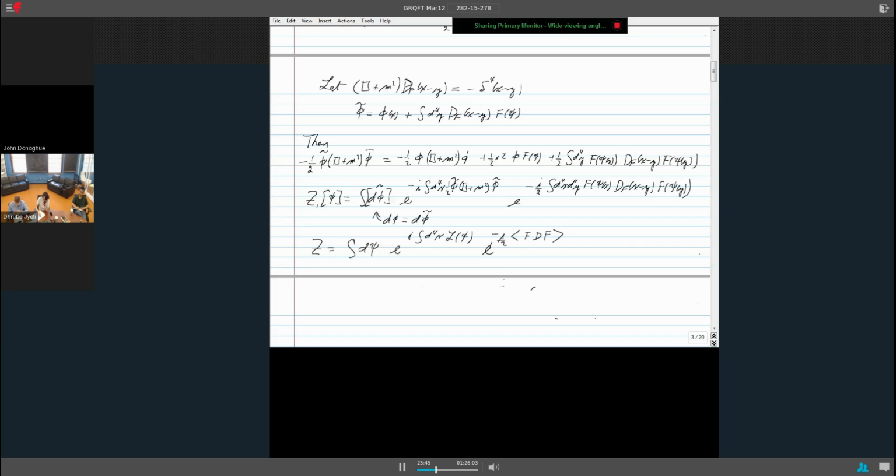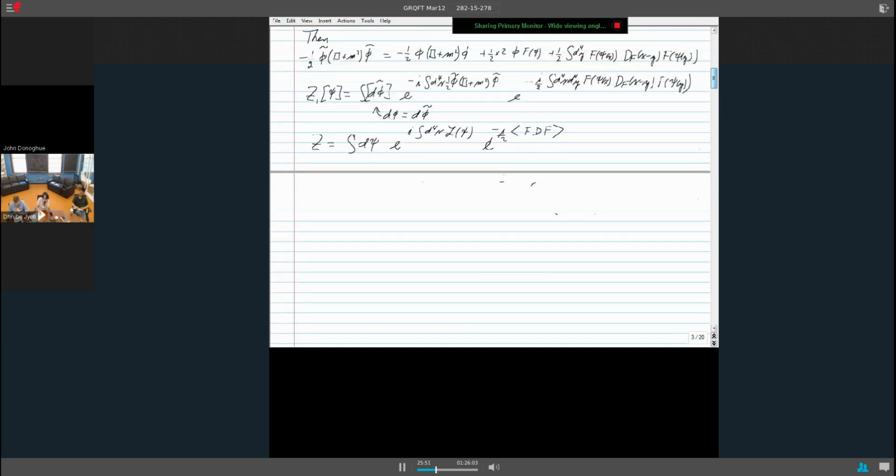But this leaves the total Z as integral d psi e to the I L of psi times this e to the minus I f df. So that's the integrating out part.